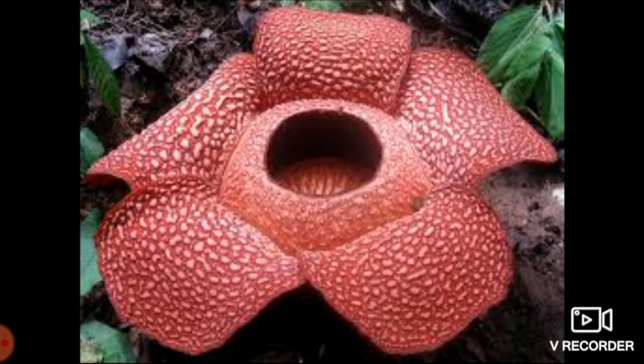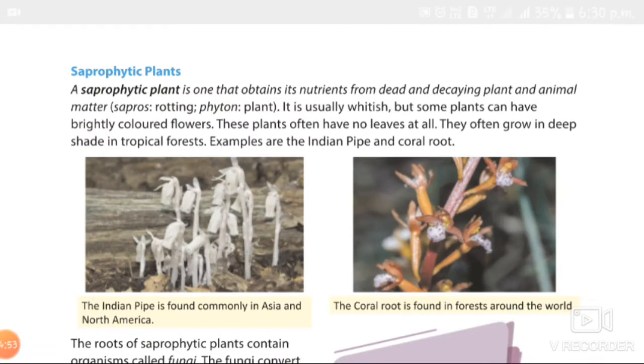Next we studied saprophytic plants. Listen here. A saprophytic plant is one that obtains its nutrients from dead and decaying plant and animal matter.